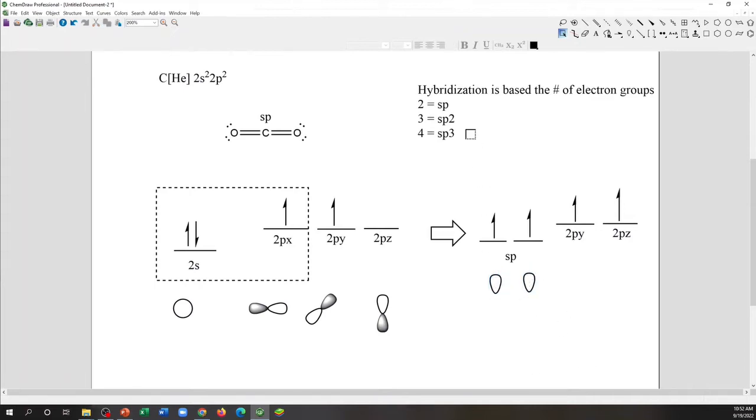Now, when you have 2 electron groups and you're sp hybridized, that means that those orbitals are going to be linear. That allows them to be as far away from each other as possible. And so I'm going to go ahead and turn them. We'll put the carbon in the middle and magnify things just a little bit so we can see what's going on. We've got these 2 sp hybridized lobes, so I want to make sure that I label everything.